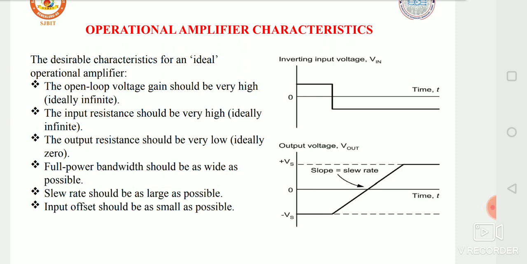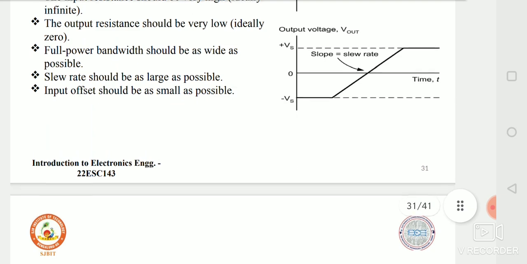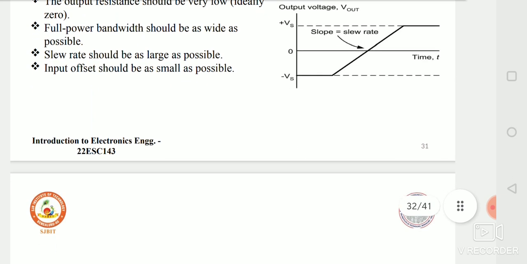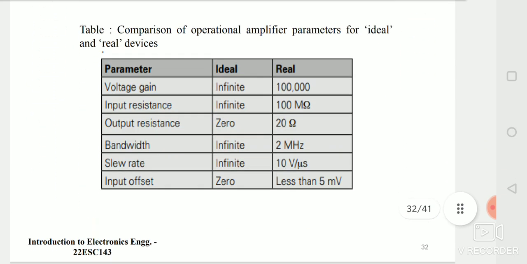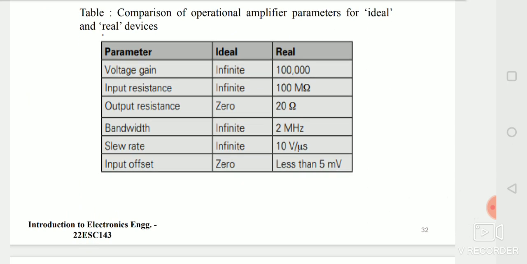So the ideal characteristics of an op amp are: open loop gain should be high, input impedance should be high, output impedance should be 0, bandwidth should be infinity, slew rate should be infinity, common mode rejection ratio should be infinity, the full power bandwidth should be high, and offset should be as small as possible. So these are the typical values of an ideal op amp.